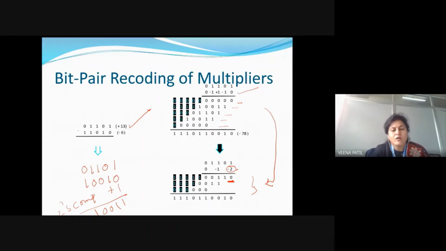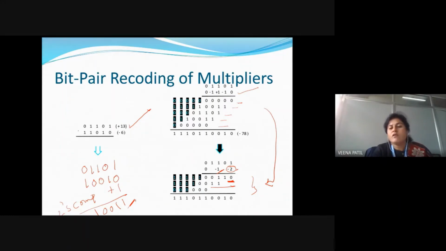So can you tell me what does minus 1 mean here? You are able to see here, no? What is the meaning of minus 1? Minus 2 means taking 2's complement and shifting by 1 bit position, right? Now, minus 1 means it is simple, taking 2's complement of the multiplicand, but we are not going to shift it by 1 bit position. We are going to write it as it is.